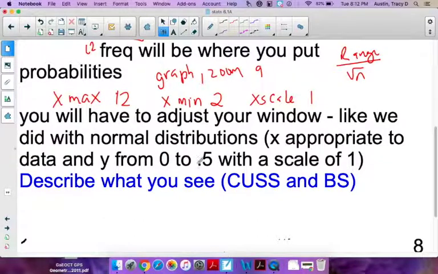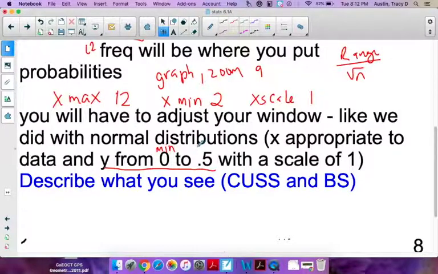Now, the Y value needs to go from 0. It can go to 1, it's fine if you want, but keep in mind that your Y is your probabilities, right? And your probabilities, when you're talking about any kind of a probability distribution, are normally not huge, because they all have to add up to 1 anyway, okay?